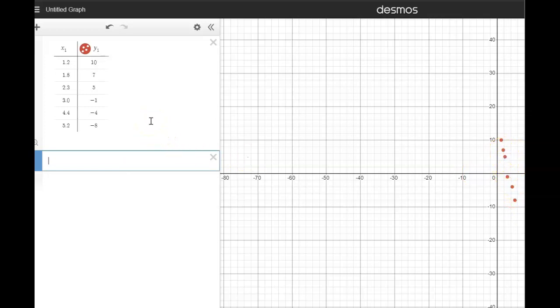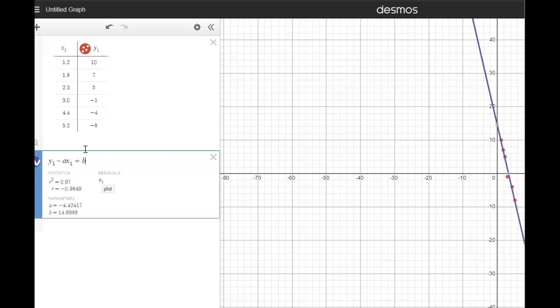Now when I do my line of best fit, I type in y1 tilde ax1 plus b, and I get my line through it. Here my a, or my slope, is negative 4.4. I'm rounding to the nearest tenth, and my y-intercept is 14.7.